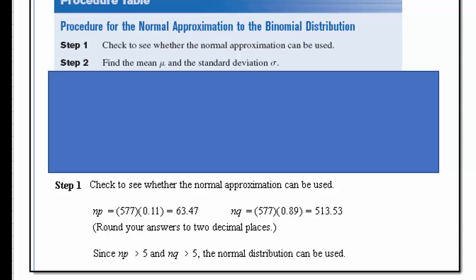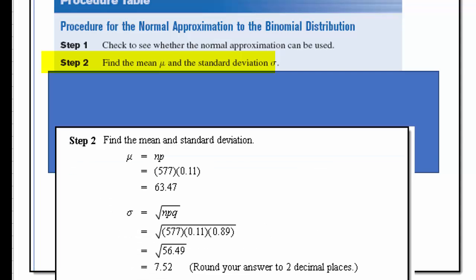Next, we follow step 2, where we find the mean and the standard deviation. To find the mean, we multiply N times P: 577 times 0.11, or 11%, gets us 63.47. To find the standard deviation, we take the square root of NPQ.